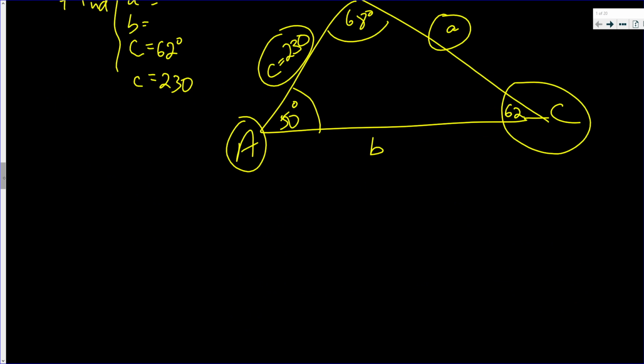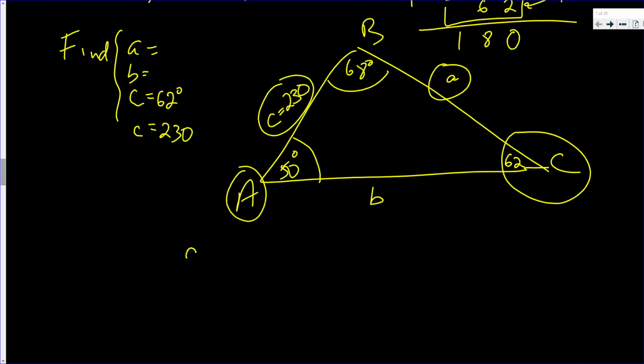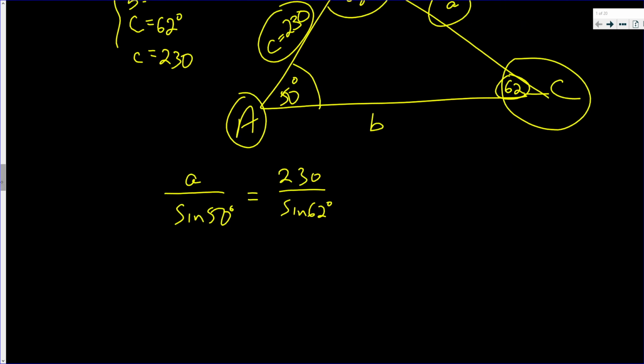So what's little a? Well, little a divided by the sine of A is equal to little c divided by the sine of C. I'm going to use little c, which they gave me, and the sine of 62 degrees, where I figured out 62 degrees.